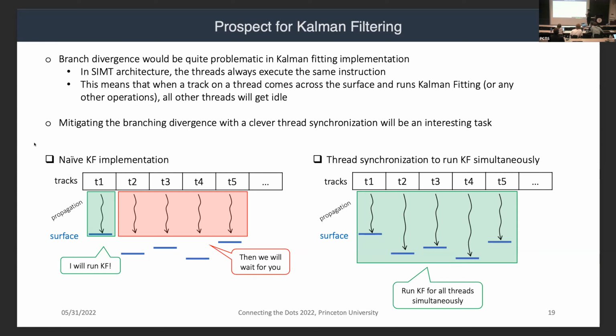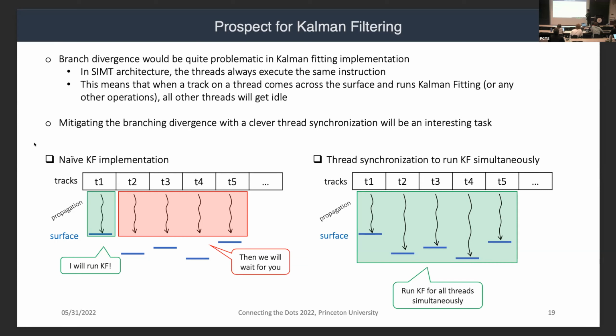We go on, and let's say the first thread came across the surface earlier than the other thread, and it will try to run the Kalman filtering on the surface, which means that the other threads will be idle, because they don't need to run the Kalman filtering since they haven't met any surface yet. So this branching divergence can be very problematic when we optimize the Kalman filtering performance inside the GPU.